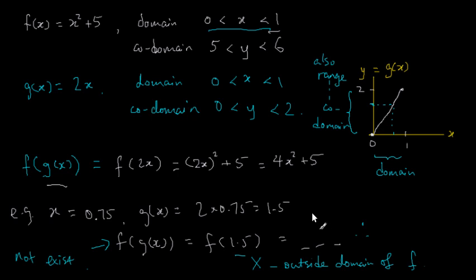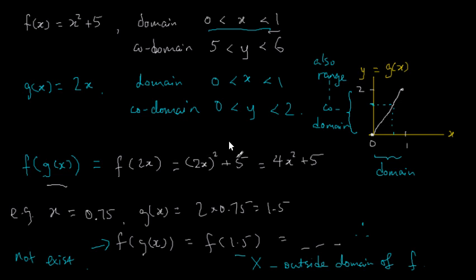So now you see that there is a problem. fg actually does not exist when f and g are functions defined in this way, not just with the formulae, but also with the domains and codomains.